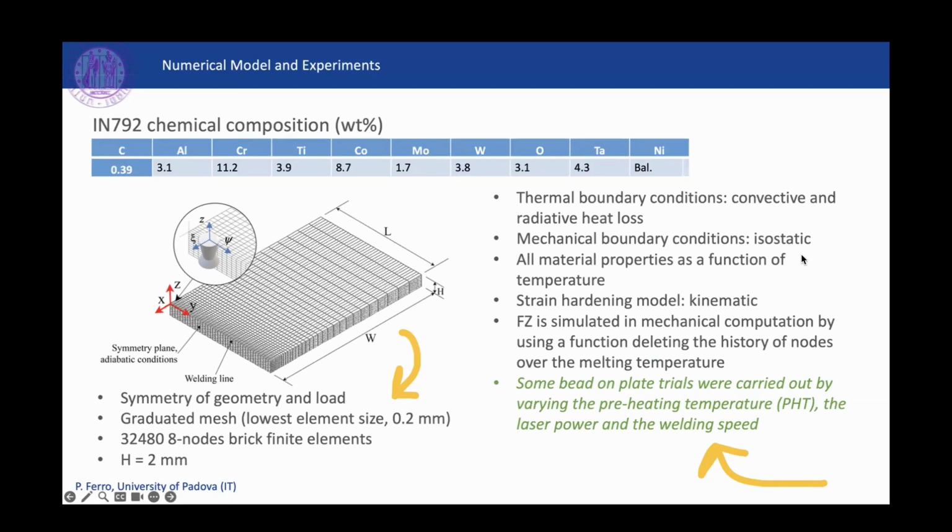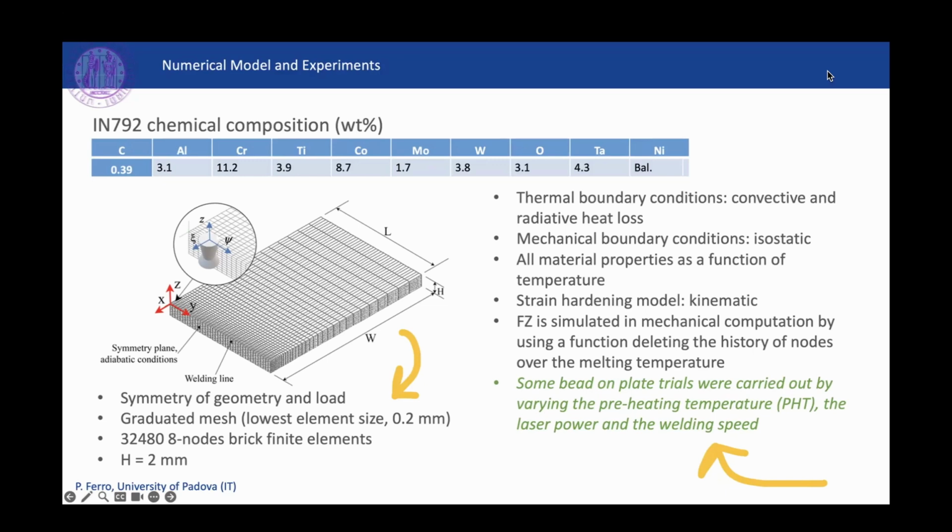The mechanical conditions were isostatic, and all material properties were taken as a function of temperature. The strain hardening model was a kinematic strain hardening model. The fusion zone is simulated as well in the mechanical computation by dilating the thermal histories at nodes that overcome the melting temperature.